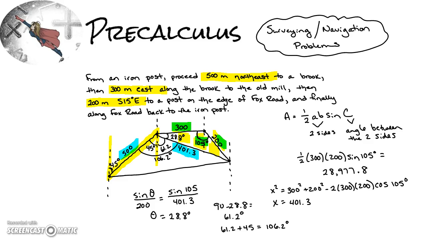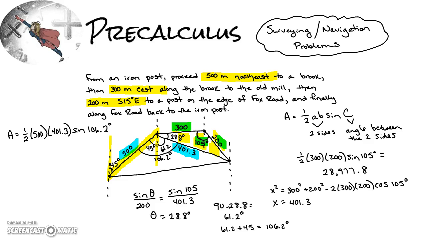Alrighty, now we did all of that so we could find the area of that big triangle. So I'm going to use that area formula that I wrote down before, and area of the bigger triangle is going to equal 1/2 times 500 times 401.3 times the sine of the angle between those two sides, which is the 106.2 degrees.